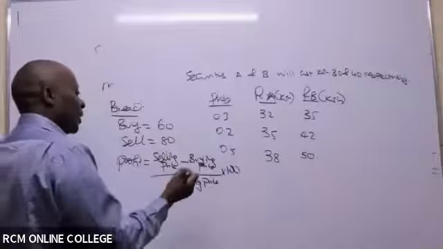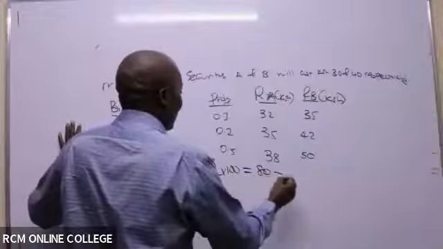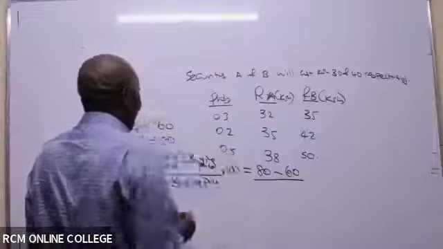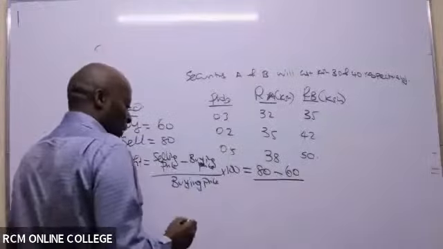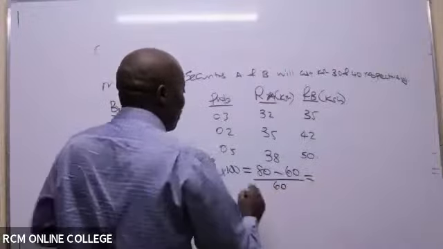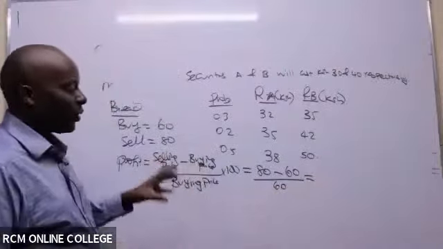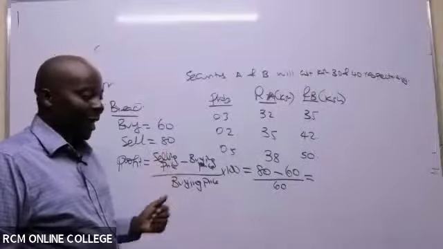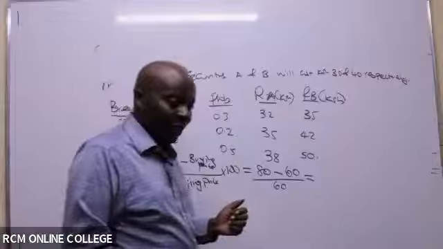So selling price, hapa ni 80, minus our buying price, ambao ni 60, divided by our original price, which is 60. Whatever you get, you multiply with 100. So is there somebody who is getting 33 point something?